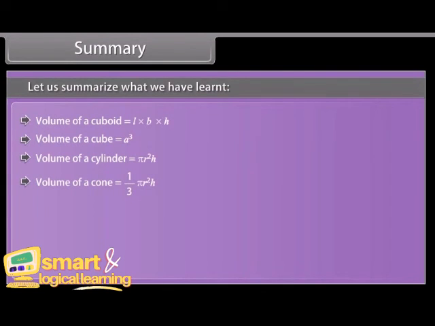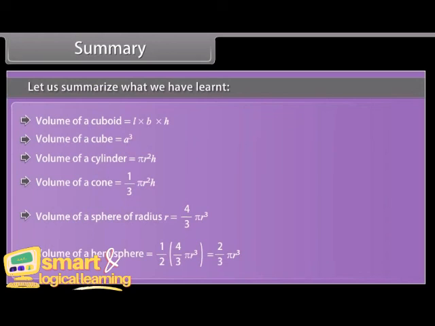Volume of a cone is equal to 1 upon 3 pi r² h. Volume of a sphere of radius r is equal to 4 upon 3 pi r³. Volume of a hemisphere is equal to 1 upon 2 into 4 upon 3 into pi r³, which is equal to 2 upon 3 pi r³.